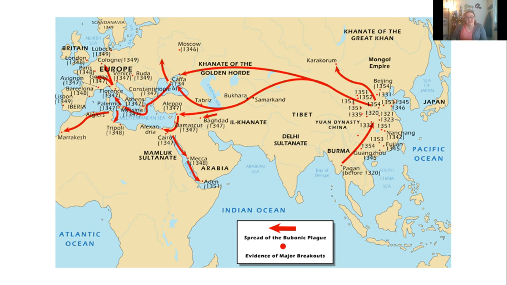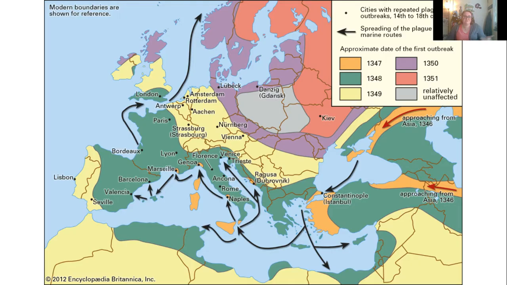So we know now that this plague kind of originated in China and Southeast Asia and then made its way into the Middle East and then eventually the rest of the world. We know this because the Mongols helped spread it. We did talk about that one a lot.